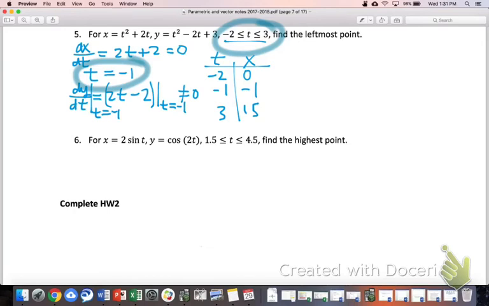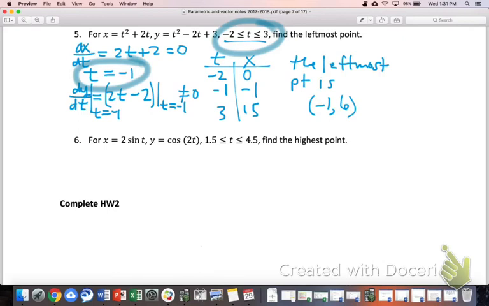So that means my leftmost point is going to be when t equals -1, and so now I want to find the full point, and so I could say the leftmost point is -1, comma 6? Okay. All right, so then, really you think, all right, do I have to justify my answer? Really isn't your work in your table kind of your justification? You're getting all the candidates, you're comparing the candidates with your table, and then picking out the leftmost point.